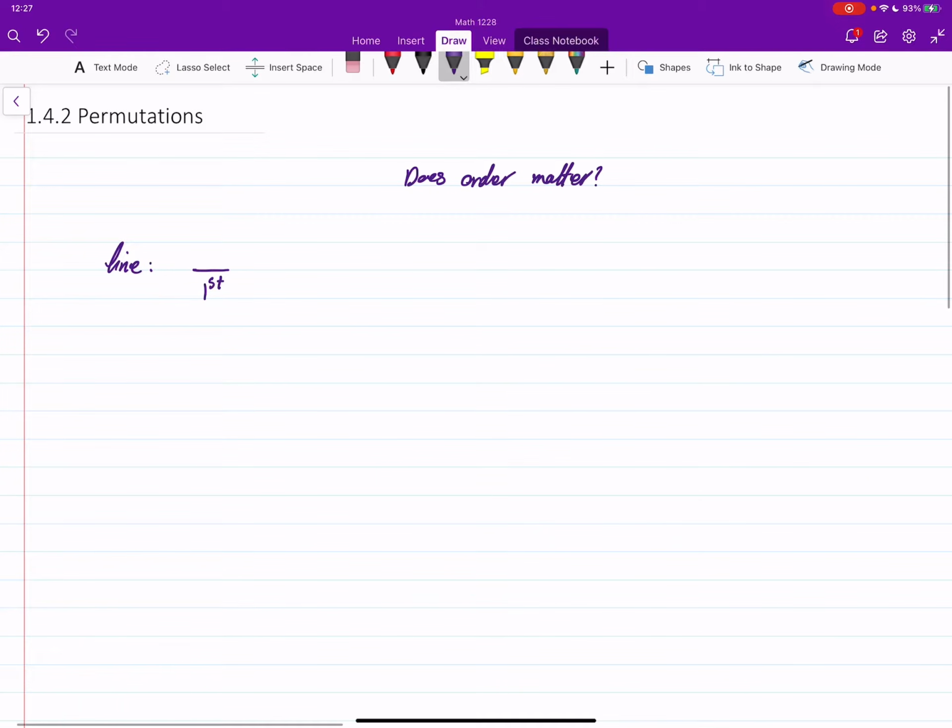when you look from the left, the first object and second object and third object basically define the line. If you change the first and second person, you have formed a different line. You have to see this versus when you choose a group of people or a team.